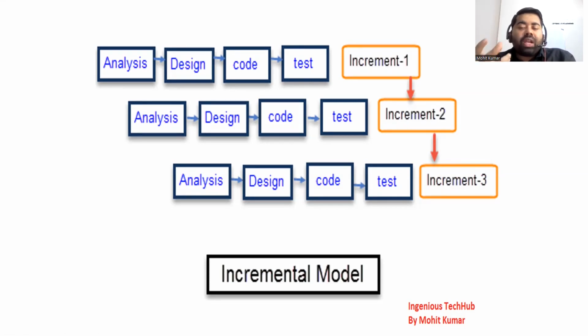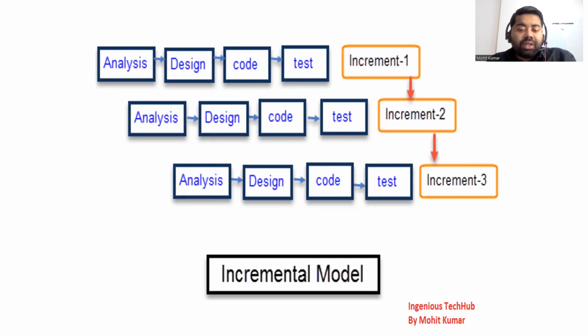Then after that, we have to integrate all the things, which will become very complicated. If any unit or any phase has some defect, it will impact the other modules as well, right?